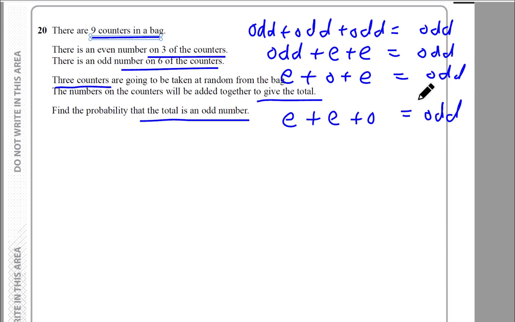Now if we just work out all the odd combinations, that would be easiest. That's 1, 2, 3, 4. And I think that's all the ways you can make an odd number, because let's think of the other combinations. Even plus even, just to make sure, that's even.